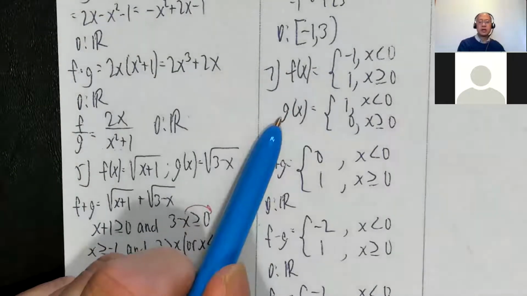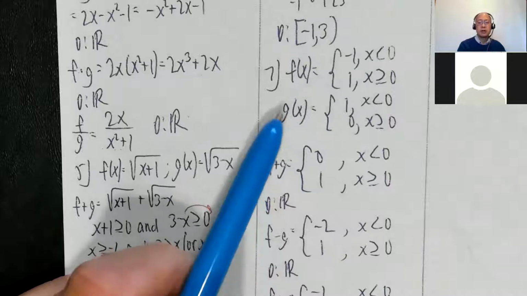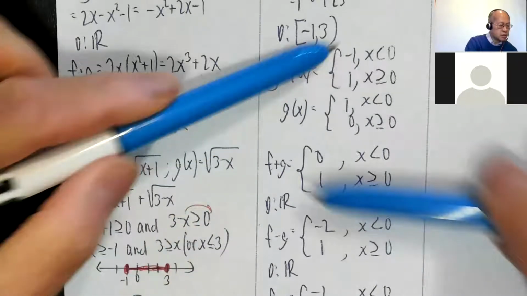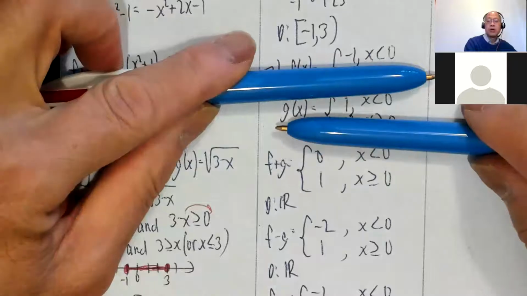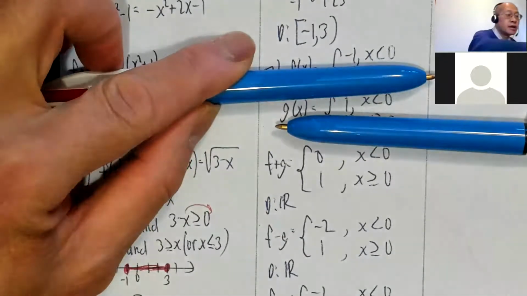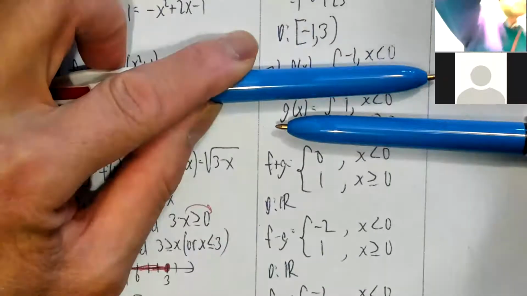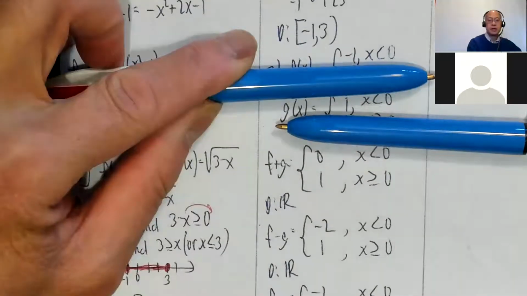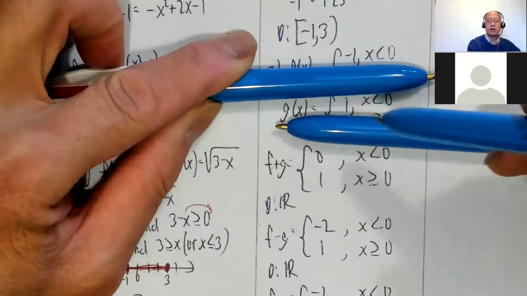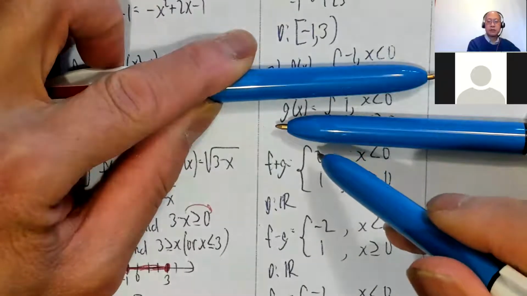F and G. Okay, F plus G. Here's the part that's less than 0. I basically add these. If x is less than 0, -1 plus 1 is 0.